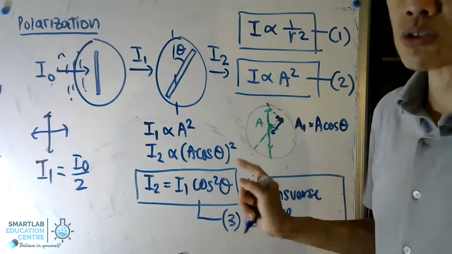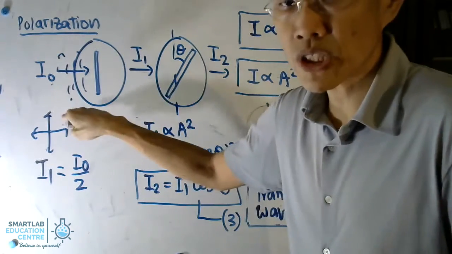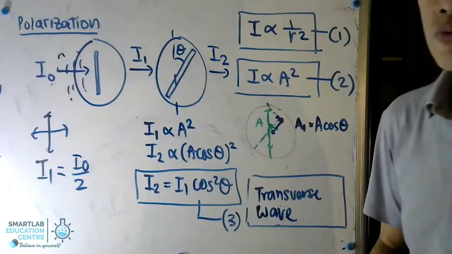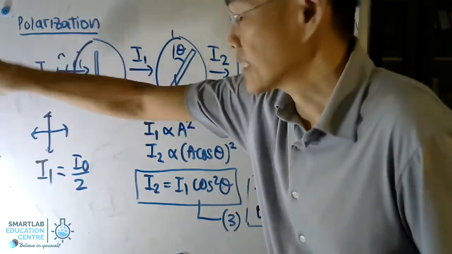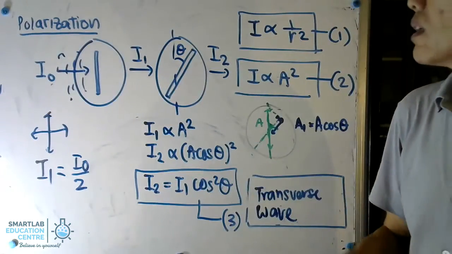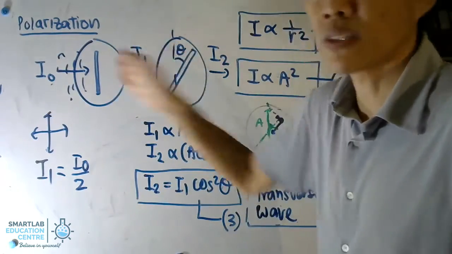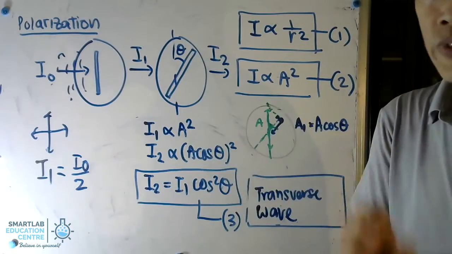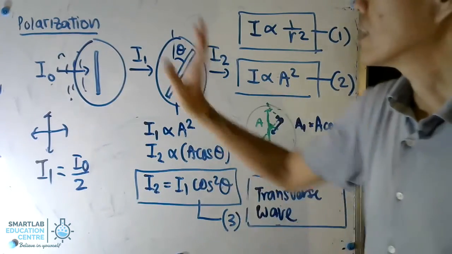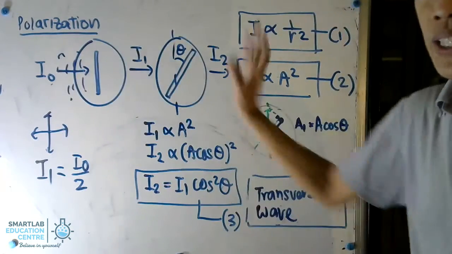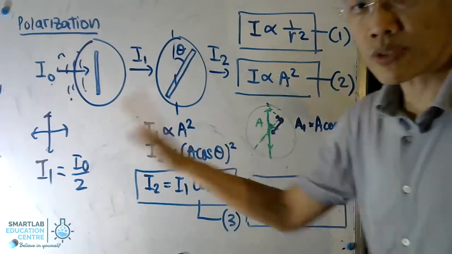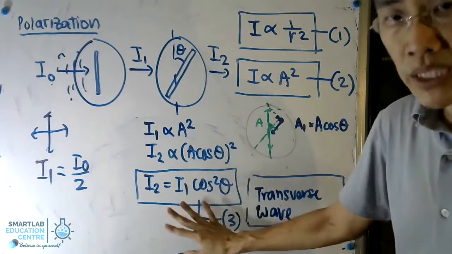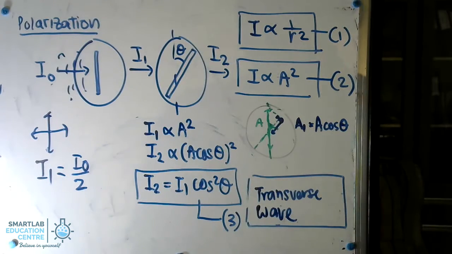However, in the case of a longitudinal wave, since the vibration of the particles is in the direction of the energy transfer, you can see that all of them could, in actual fact, pass through the slits, and hence longitudinal wave cannot be polarized, which is the reason why the final equations that we derive later will only be applicable for transverse wave.